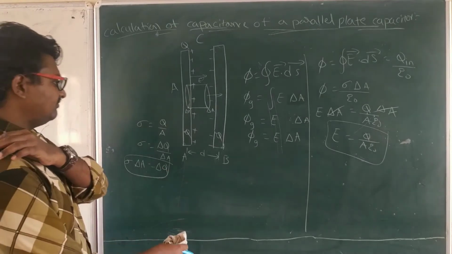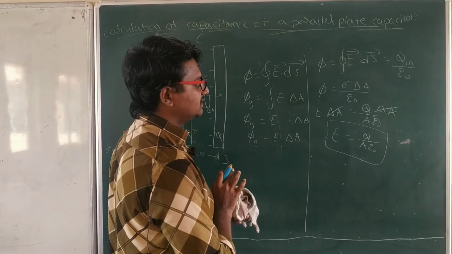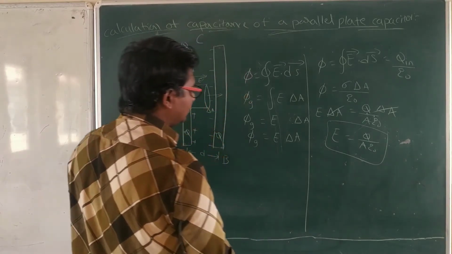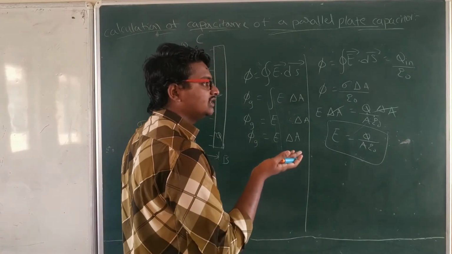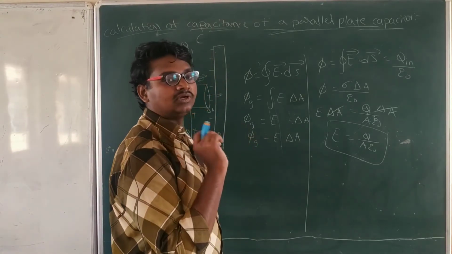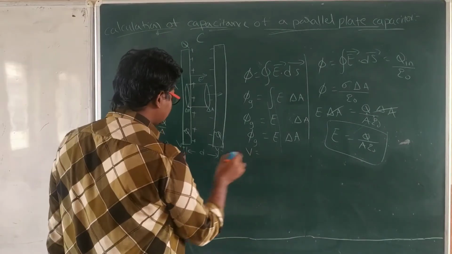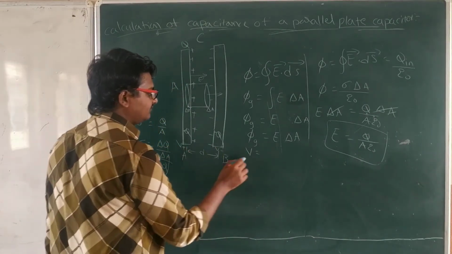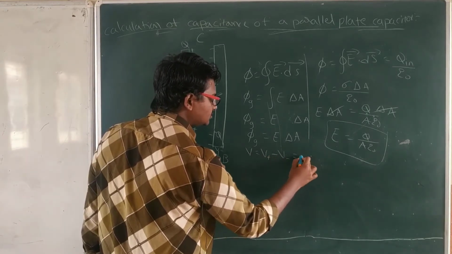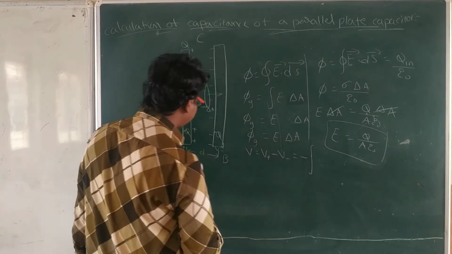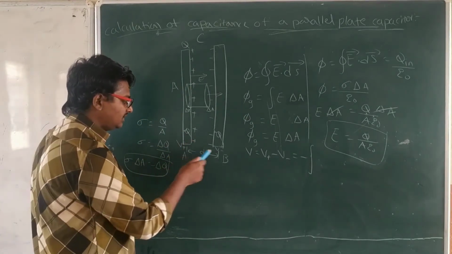Right, electric field we found, but we want to find the capacitance C. After finding electric field, let's find capacitance. For finding capacitance, we need to find voltage, meaning V. V also we need to find here. V is equal to, this is V plus and this is V minus. That is V plus minus V minus, that is equal to minus integral, the limits are from A to B. A to B distance is small d.